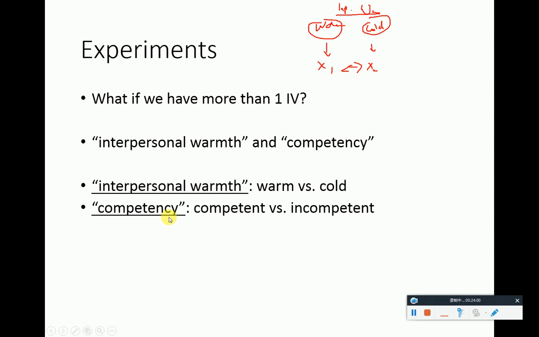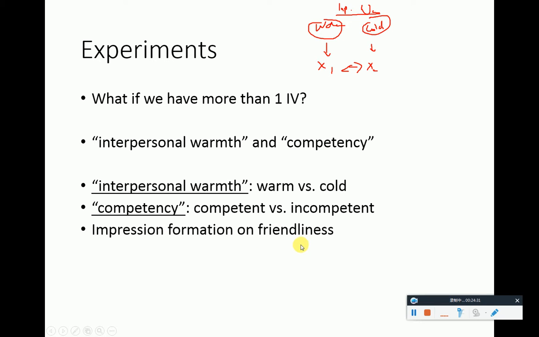But at the same time, we have a second factor here, a second independent variable. The easy way to describe a person's competency is to say that this person is competent or that this person is incompetent. And then, of course, in the end, after participants read our descriptions, we ask them how friendly this person is.